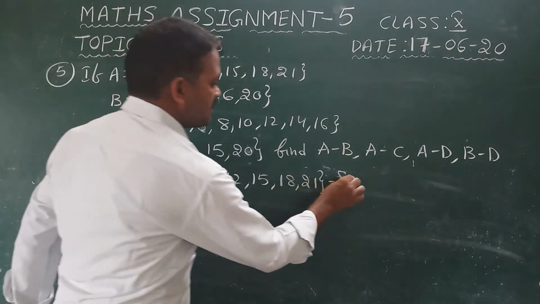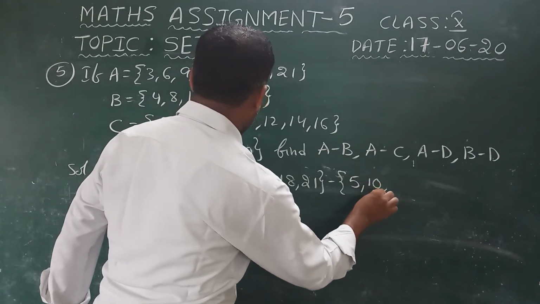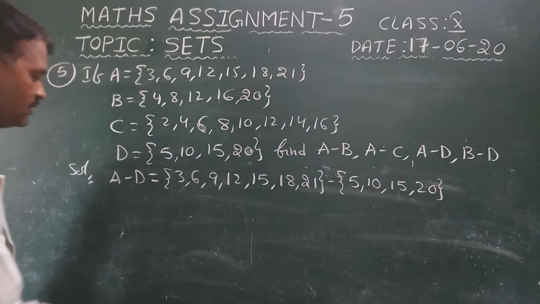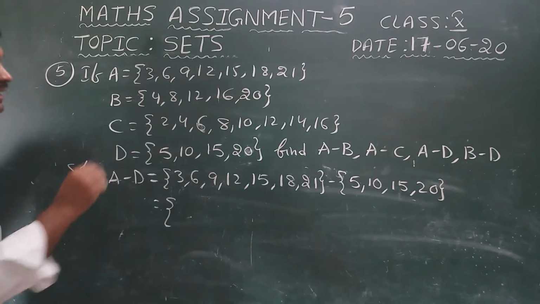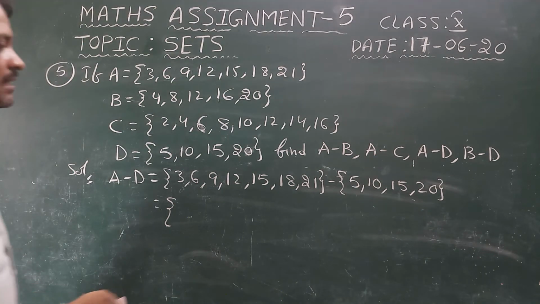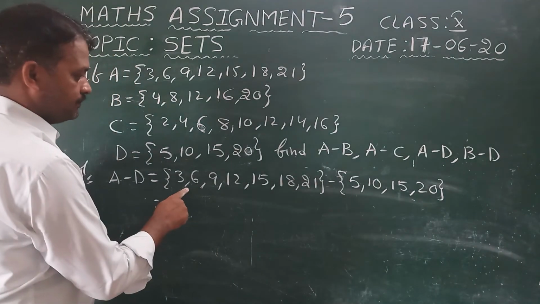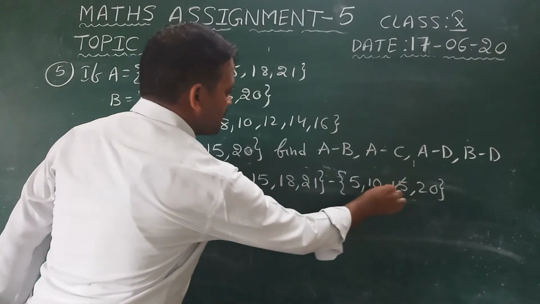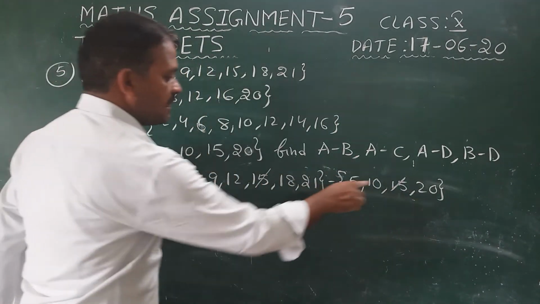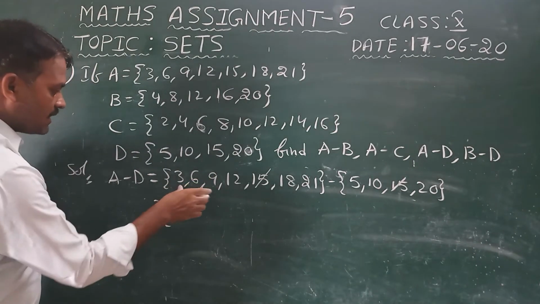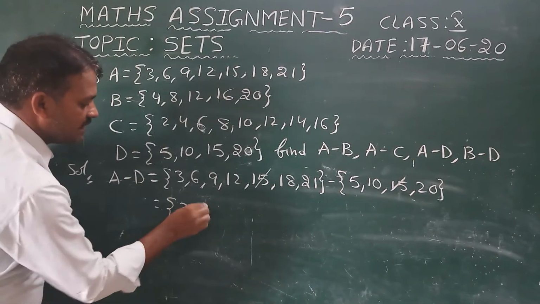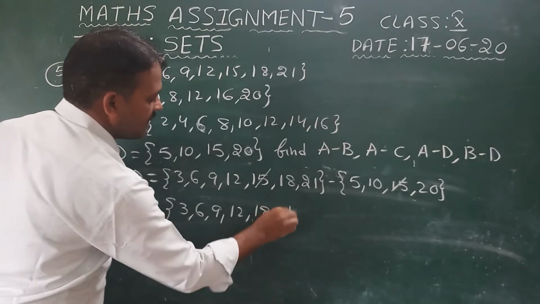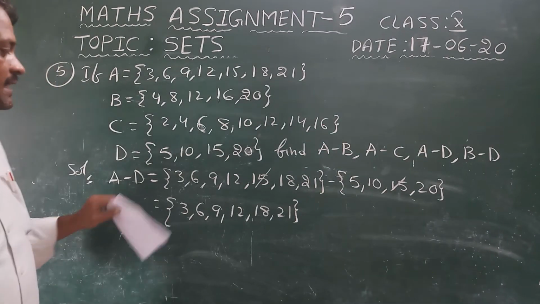D is 5, 10, 15, 20. Now what are the common elements? 5 is not there, 10 is not there, 15 is there, so both get cancelled. Then 20 is not there. The remaining elements of A are 3, 6, 9, 12, 18, 21. So this is nothing but A minus D.